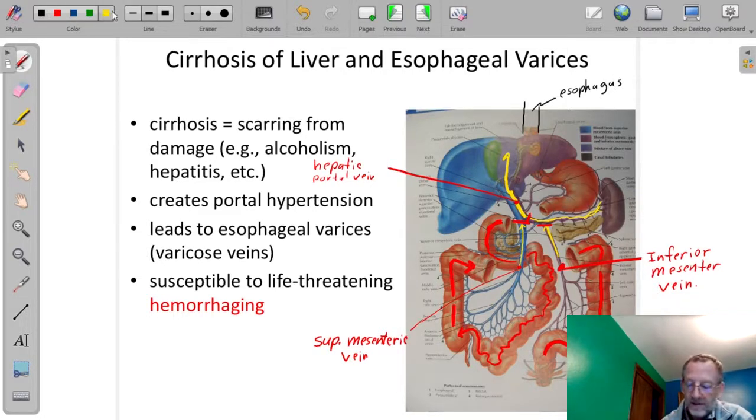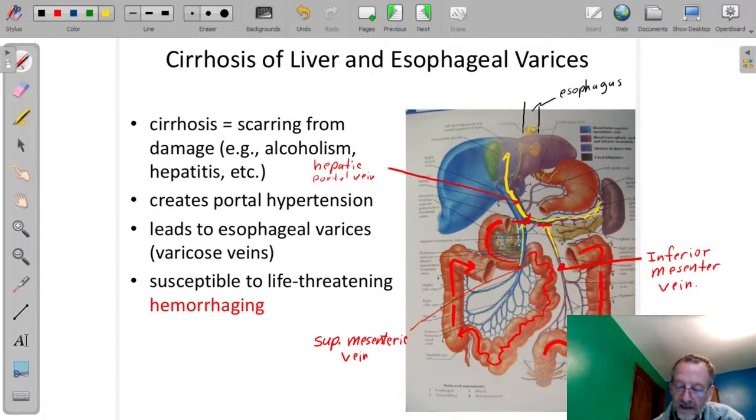But I think you can still see that as it moves into the stomach, there are veins on the esophagus that I'm sort of outlining in yellow, and part of the stomach, but there are also veins on the superior portion of the esophagus as well.